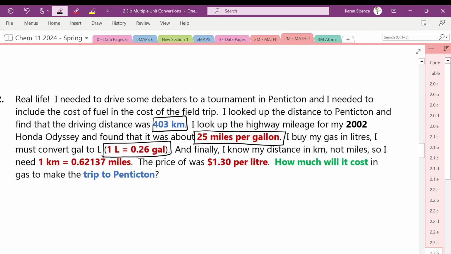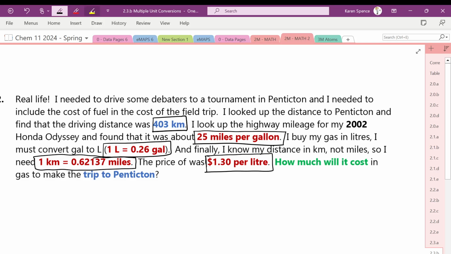I also know my distance in kilometers, not miles, so I need a conversion factor between kilometers and miles. And you can tell how long ago this was because the price was $1.30 per liter. Okay. I think I may even have updated that price, but it needs to be updated again. It's really embarrassing.